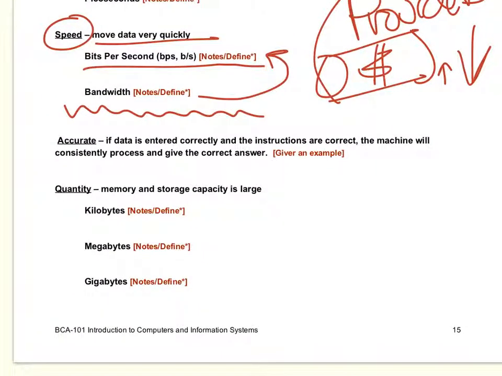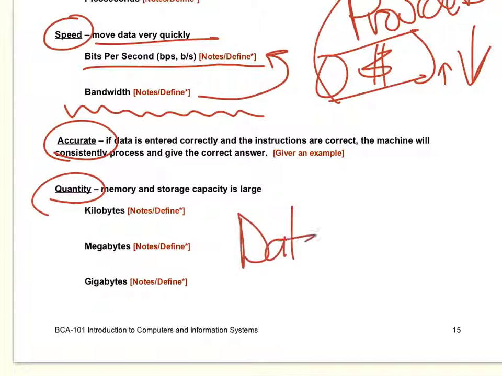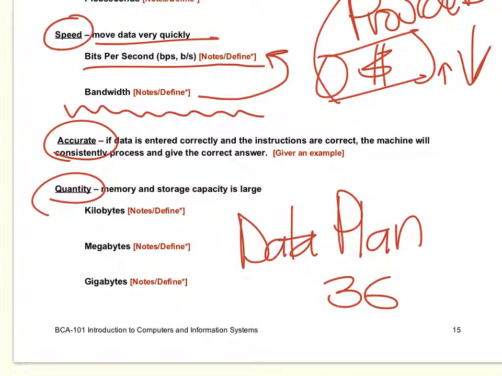And we know computers, we talked about being accurate, and then we talked about quantity. So quantity, if you have a data plan for your phone, okay, that it might be 3 gig. Here, they're talking about gigabytes, okay?